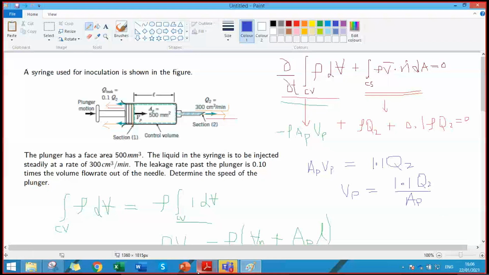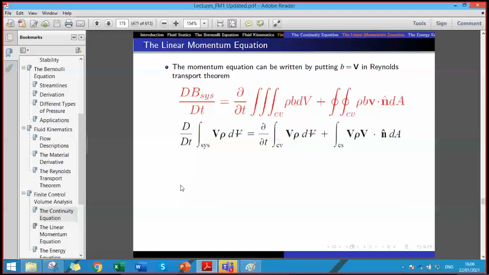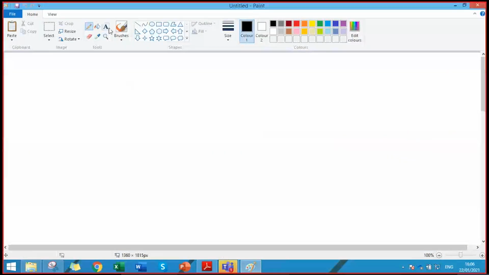The next equation that we will be developing would be the linear momentum equation. We have already discussed the linear momentum equation in the last chapter, that how the linear momentum equation is achieved from the Reynolds transport theorem. Basically, if we put small b equal to velocity in the Reynolds transport theorem, we get the momentum equation, right?